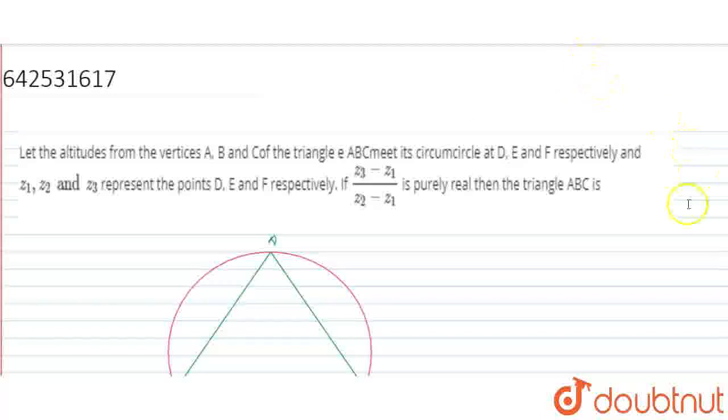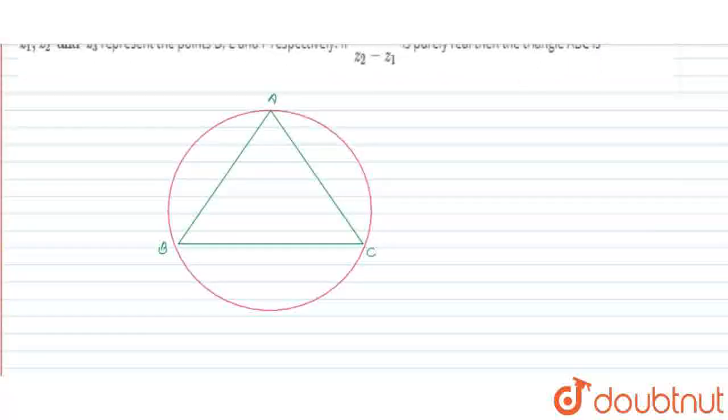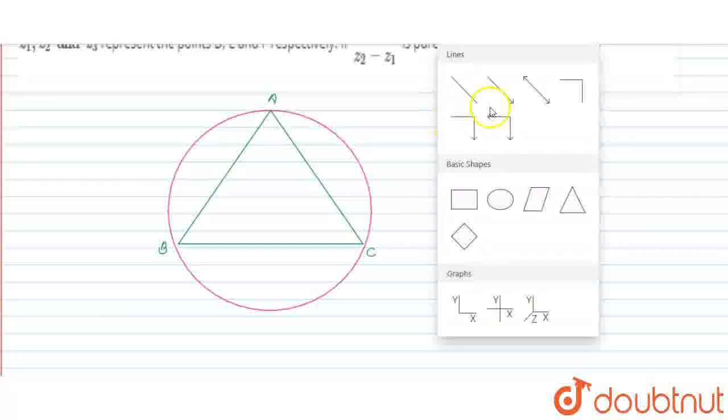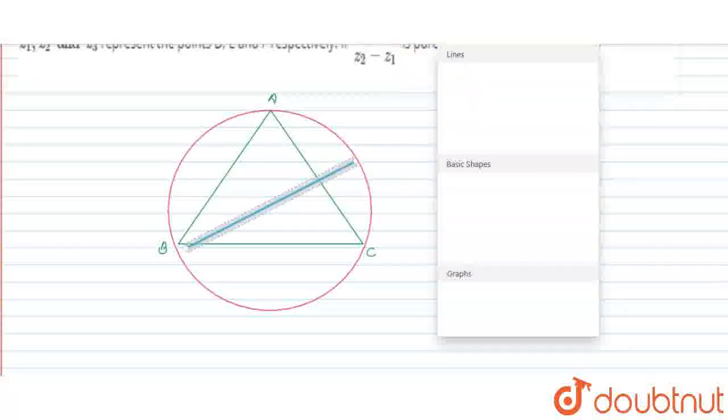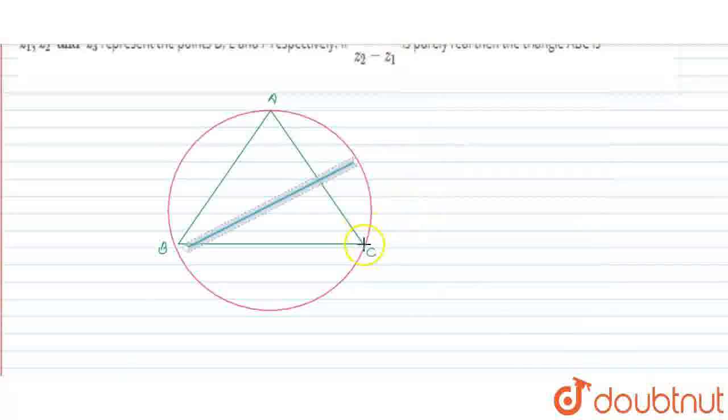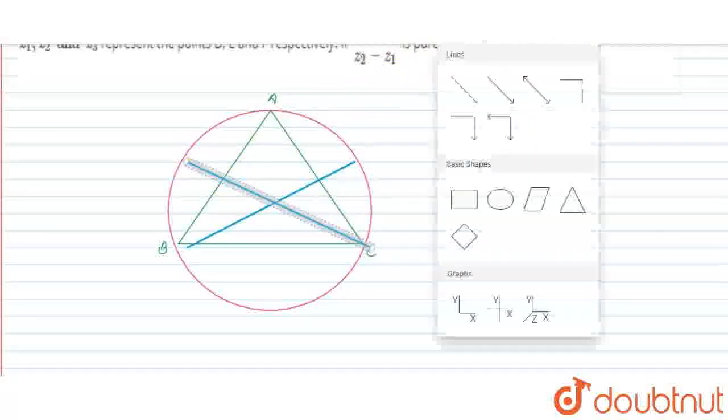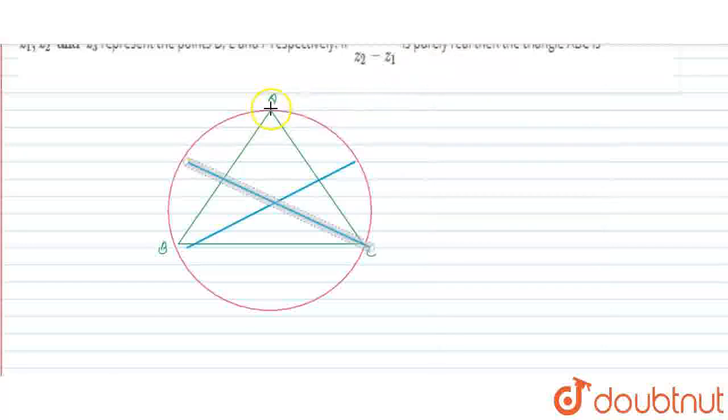Okay, now you can take that this is your altitude from this point to this, from this point to this, and from this point to this.